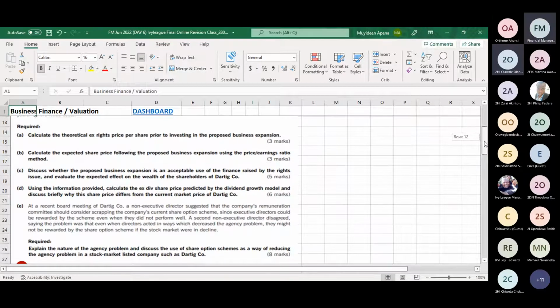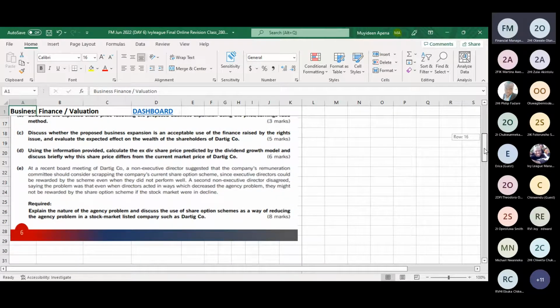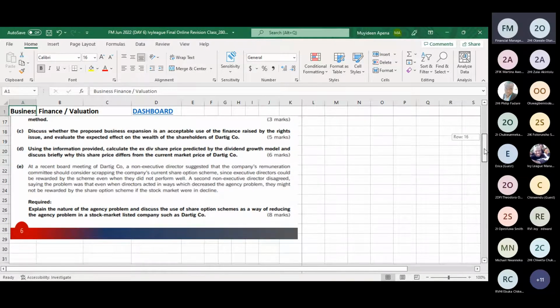D says, using the information provided, calculate the ex-div share price predicted by the dividend growth model and discuss briefly why this share price differs from the current market price of Datiko. And when you are done, E says you should explain the nature of the agency problem and discuss the use of share option schemes as a way of reducing the agency problem in a stock market listed company such as Datiko.